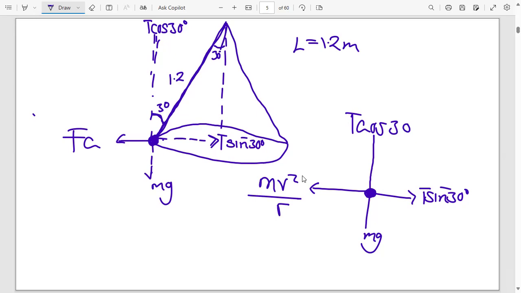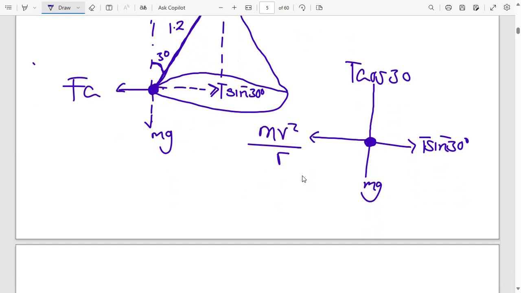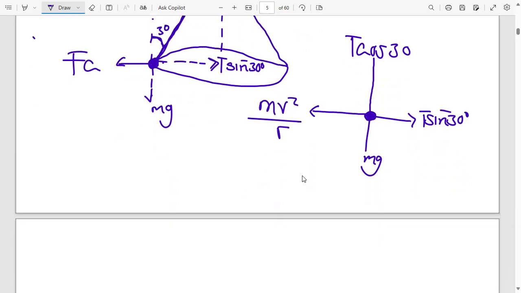From here, for our forces in the y-axis, T cos 30 is equal to mg. Since these are at equilibrium, the mg is negative and it equates to 0.